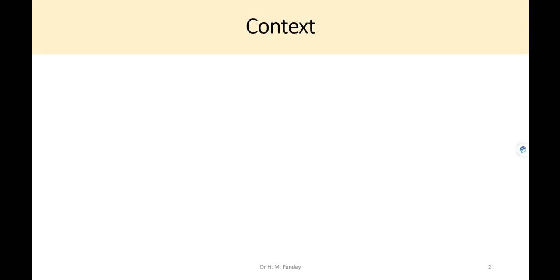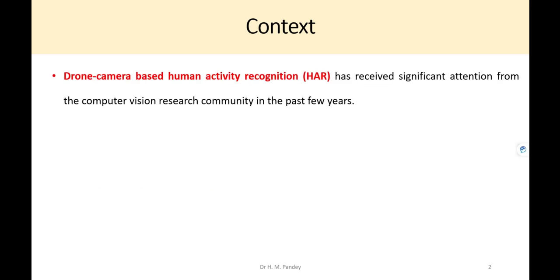So first of all, I will give the context, that is the overview of conducting this research. This research basically attempts to solve the drone-based human activity recognition problem. As we know, human activity recognition is one of the most popular areas of research, and therefore it has gained significant attention from the computer vision research community in the past few years.